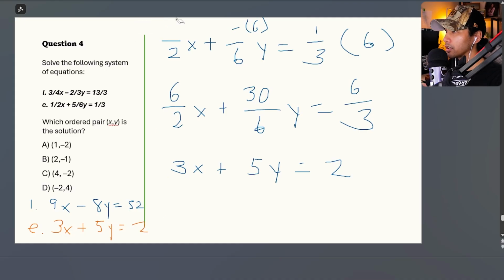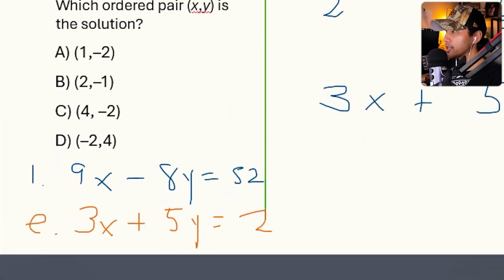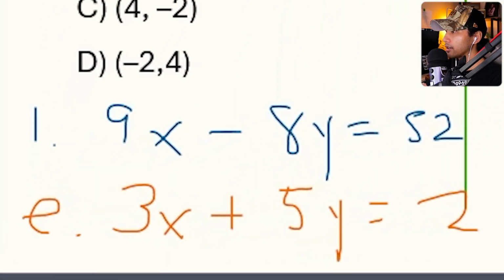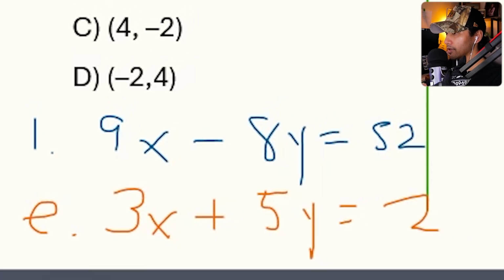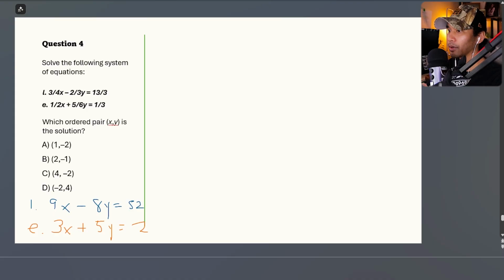And now, looking at our equations at the bottom there in the corner, what can we eliminate? What would you choose to eliminate? Because you could go at this many ways. You could multiply L by 3, or honestly, by just looking at this, you could just multiply E by -3 to get -9x, and then solve for one variable and plug it back in, and so on.